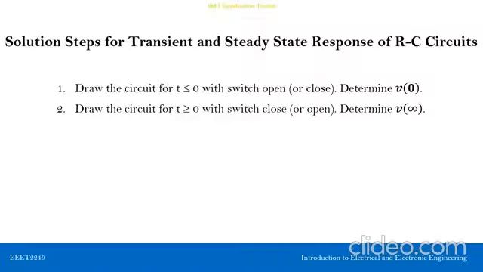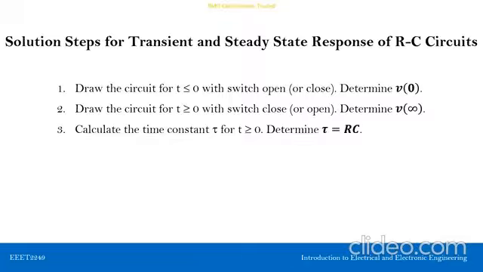Step 2, draw the circuit for t greater than or equal to 0 with switch closed or open depending on the circuit, and in this case determine the V infinity, and then calculate the time constant tau for t greater than or equal to 0, which is R multiplied by the C of the circuit.